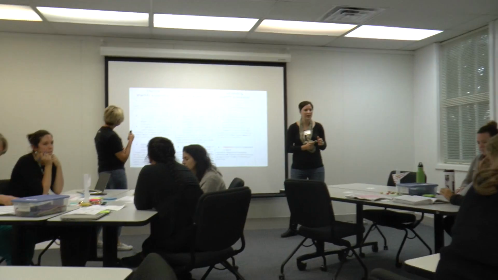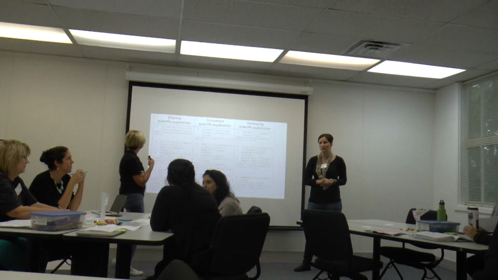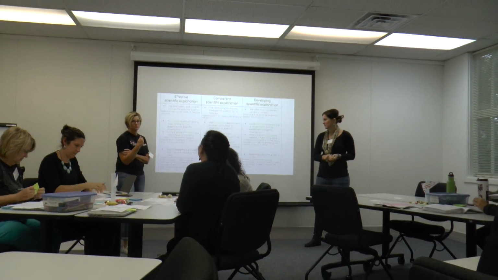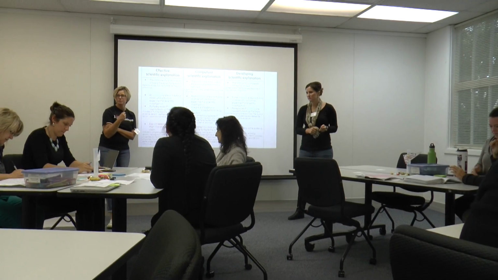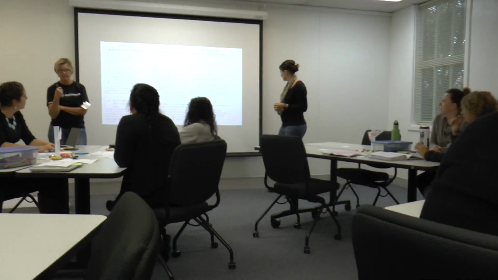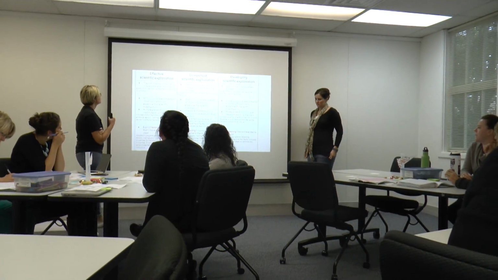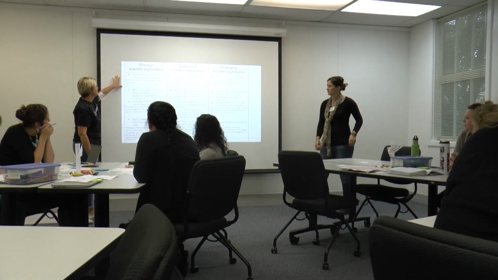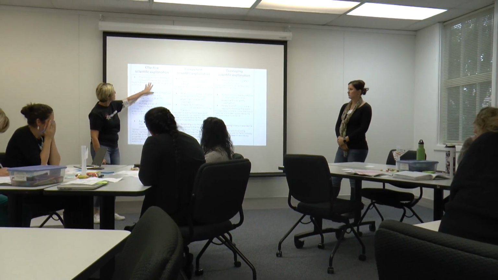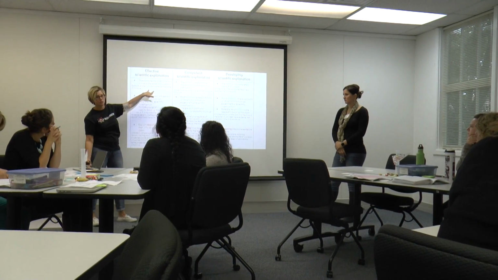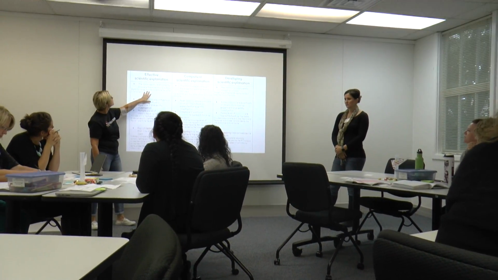Does everybody return their papers and their sticky notes to their people? Okay, so here is the rubric with just a couple of examples. For an effective scientific explanation, this is the same essential question, but it's still scientific knowledge.